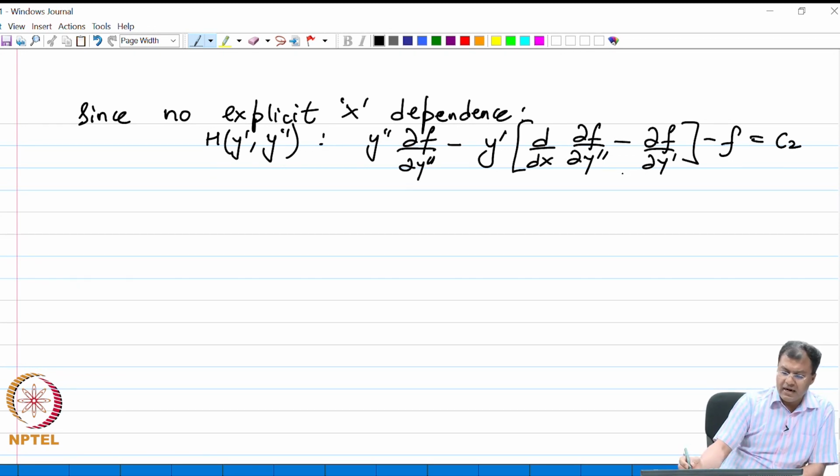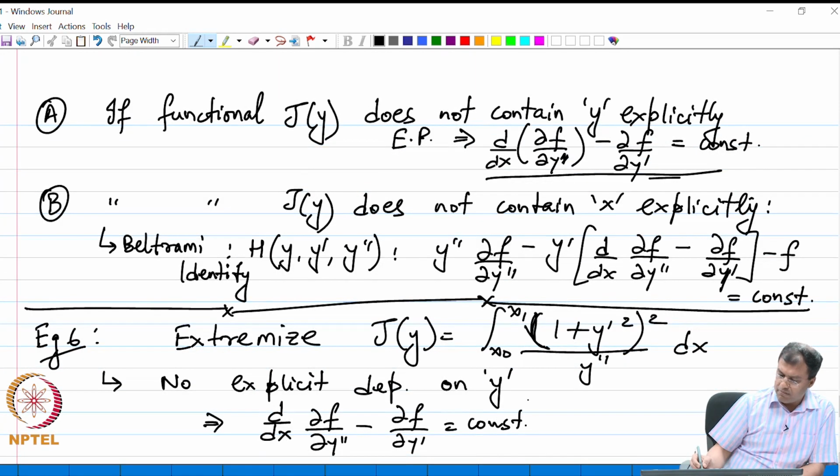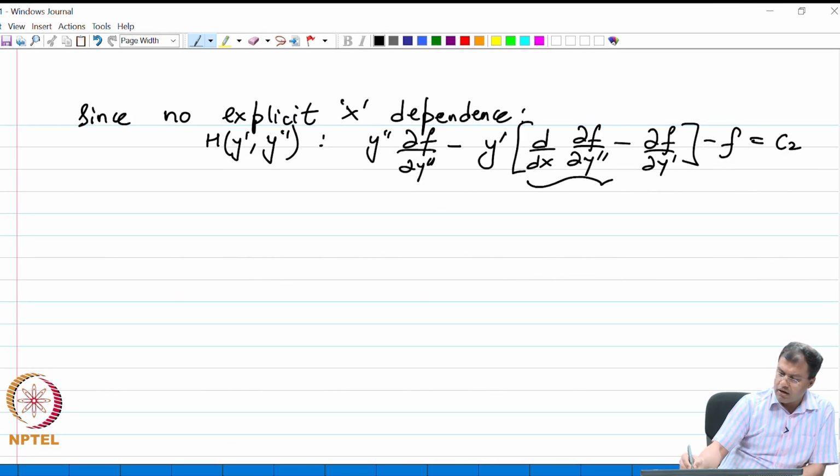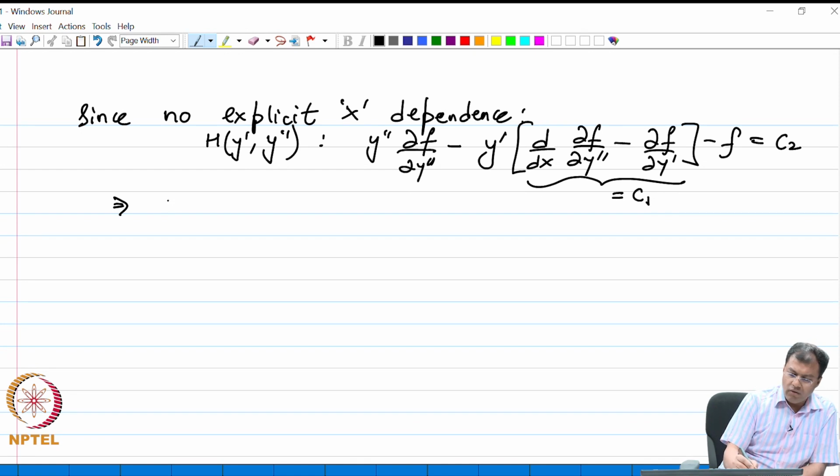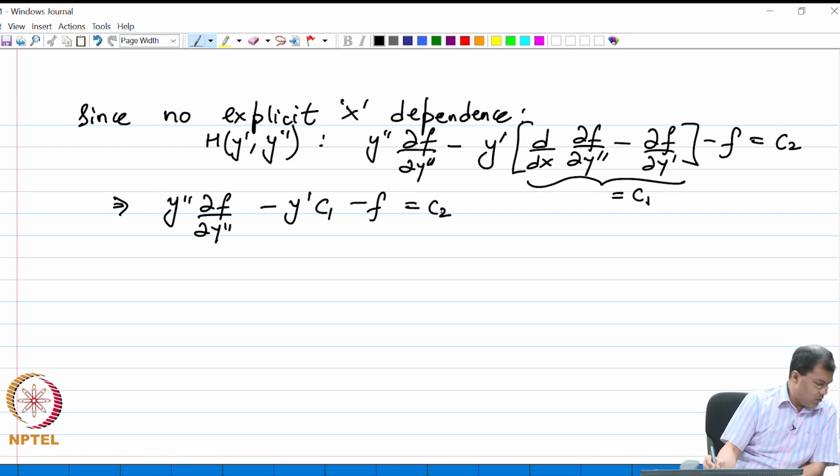So, this is my Beltrami identity, and in the previous slide we have seen that this particular quantity in the bracket is a constant. Let me call this C1. So, what I have is the following equation to be satisfied: y double prime del f del y double prime minus y prime C1 minus f is equal to C2. This equation is relatively easy to solve.